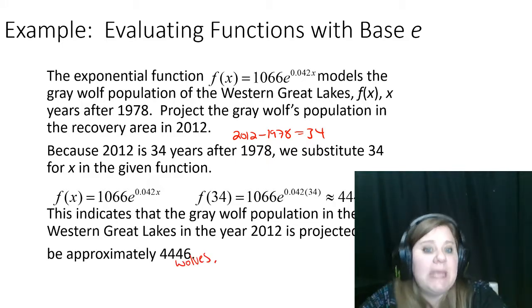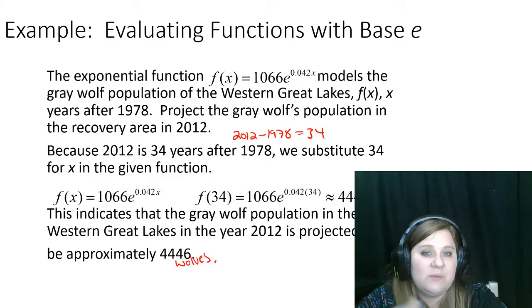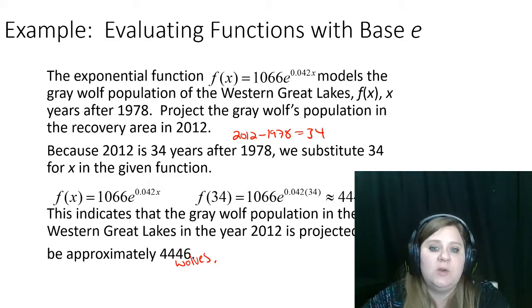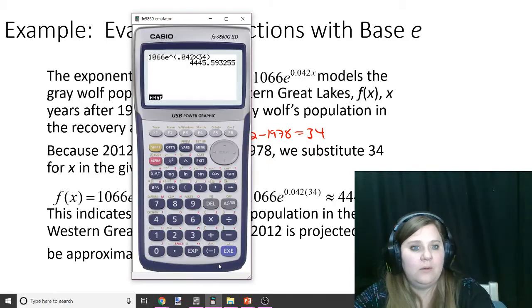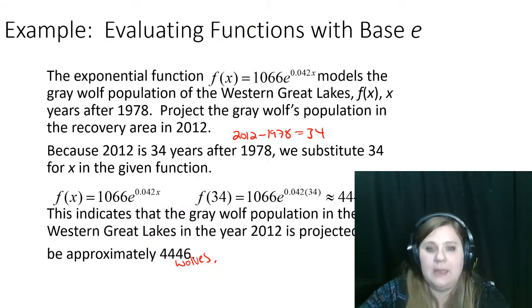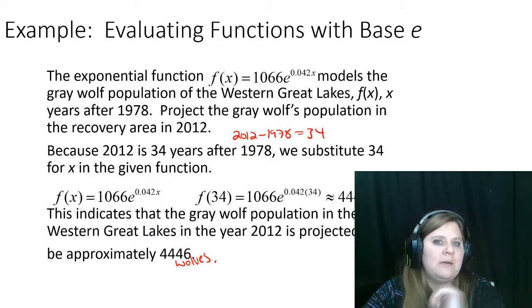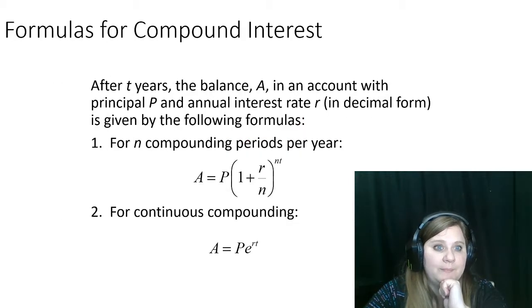Keep in mind that since we're saying wolves, we need whole numbers. We generally don't have 4,455.6 wolves. So the key here is that we're definitely wanting to round as appropriate for the problem.